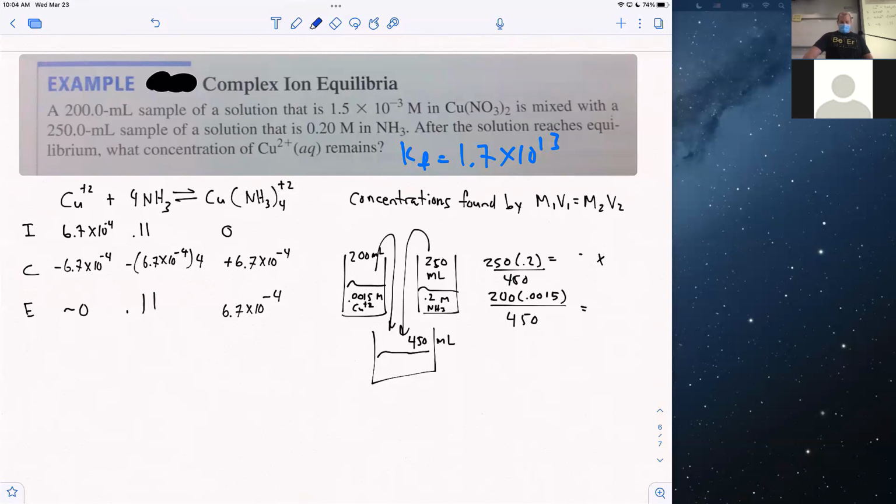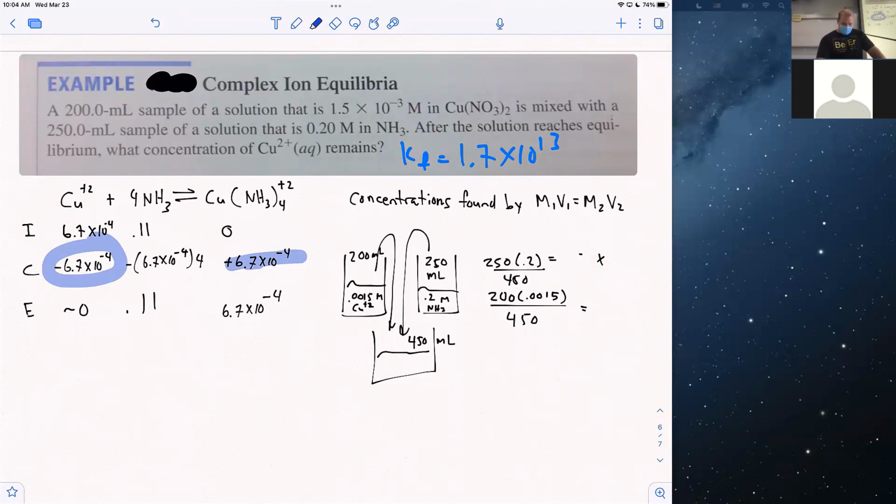That means that this reaction is pretty much completely consumed. At least the copper water complex is almost entirely consumed. So when we do the change, it's as if it goes completely away, and the complex ion becomes almost entirely what's there.